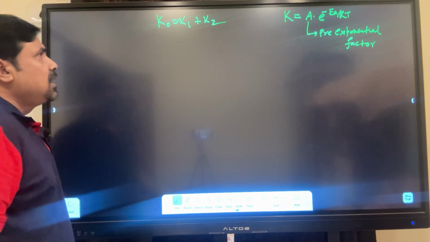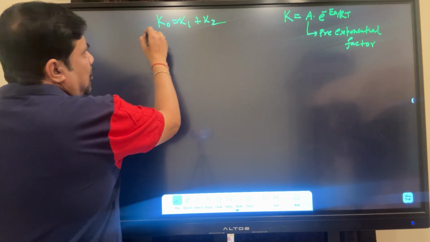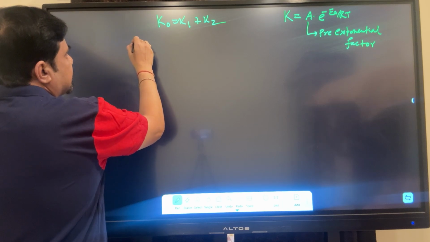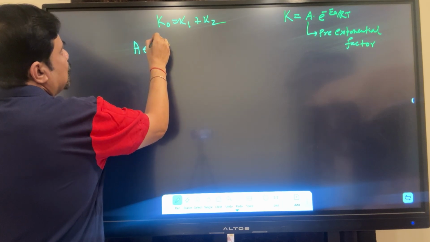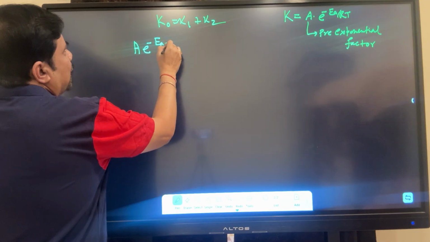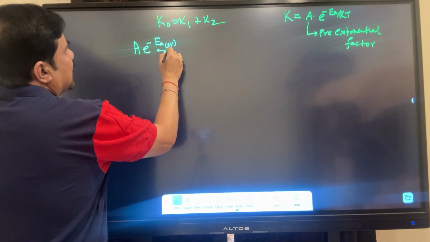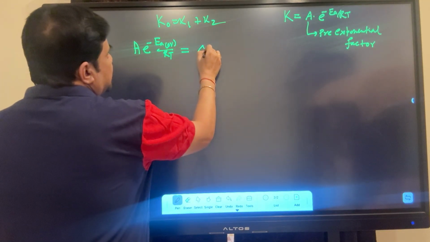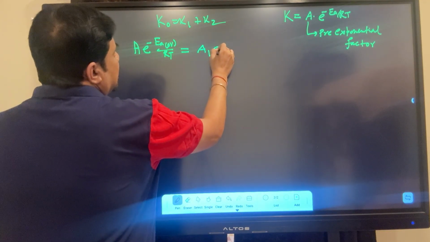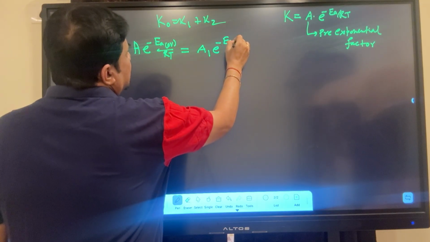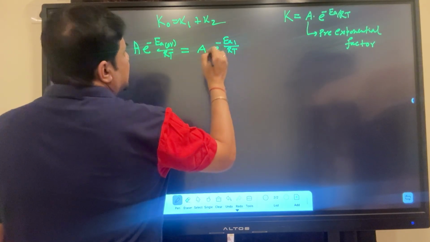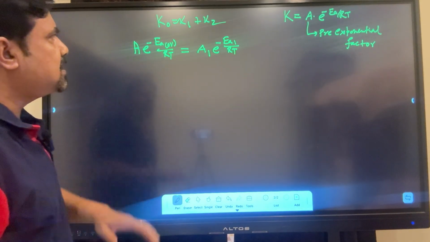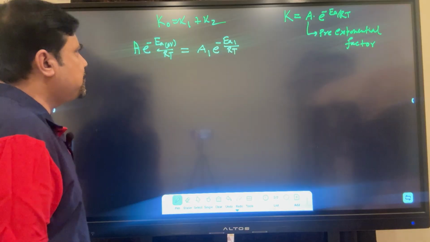Now K overall I can write as A into e to the power minus E overall by RT. Instead of K overall I am writing this. And instead of K1 I am writing A1 into e to the power minus EA1 by RT, because the temperature is the same, both reactions are happening under the same conditions, so the temperature is the same for both directions as well as for the overall.